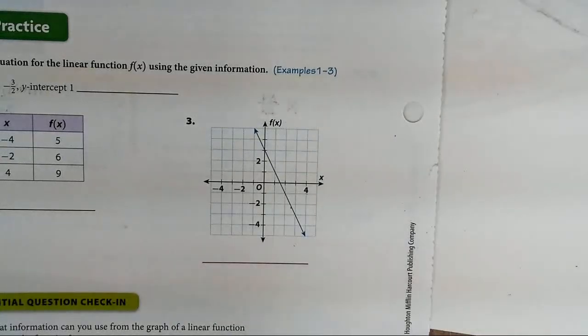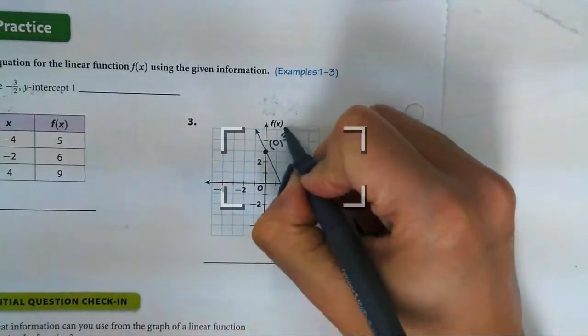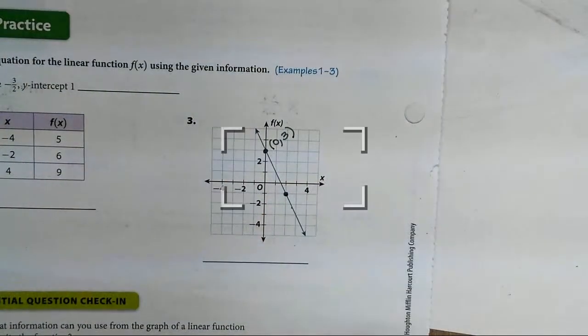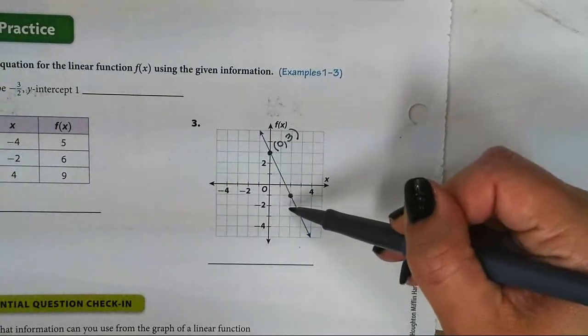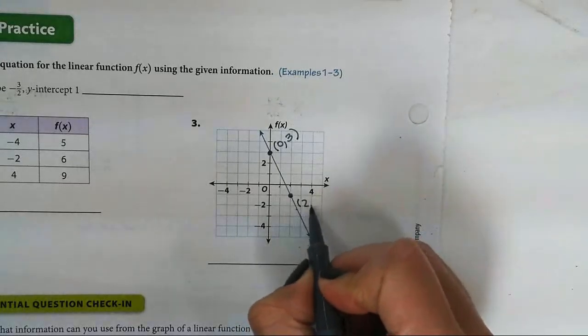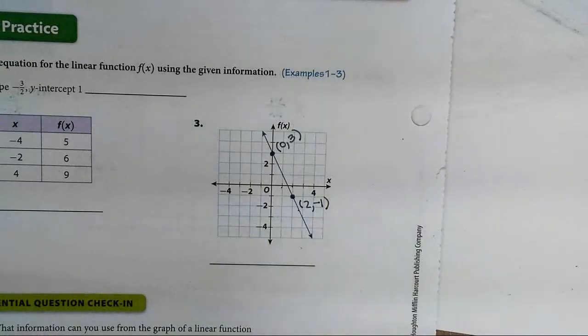So I'll tell you right now, when you guys go to do this one, I would choose this point right here, which is 0, 3, and then any other point. So this is a good one right here because it's perfectly crossing in the boxes of the grid. So this point here is 1, 2, -1.